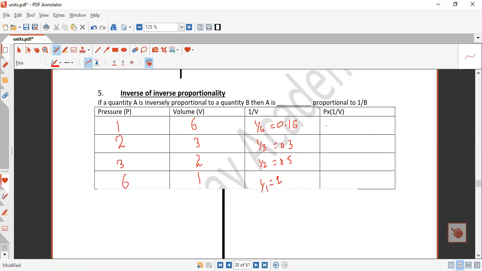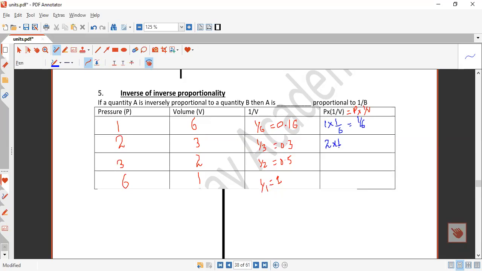Okay, now I'm going to take the product of P and 1 by V. P times 1 by V. So let's take the values. P was what? 1. 1 by V is what? 1 by 6. Okay, second reading. P is 2.